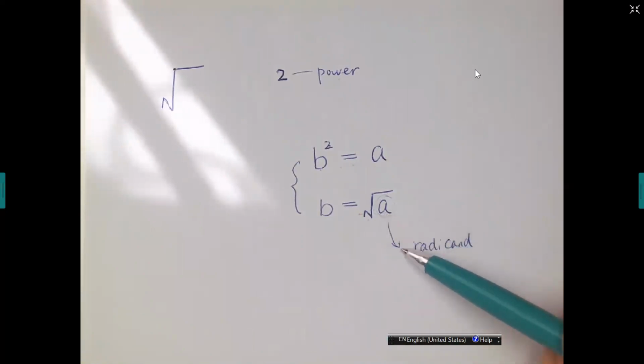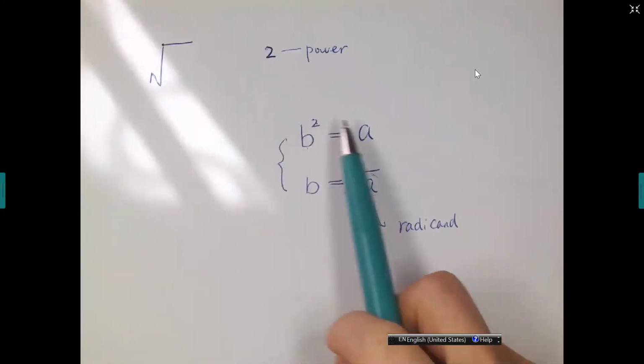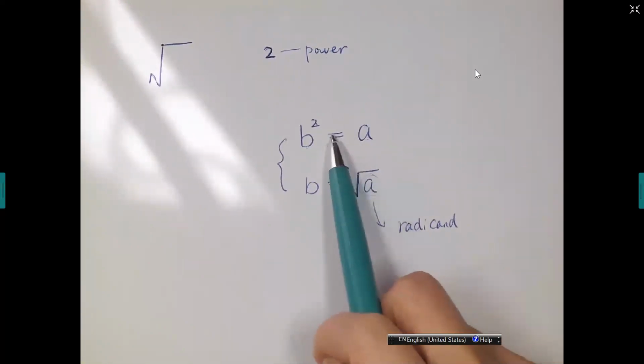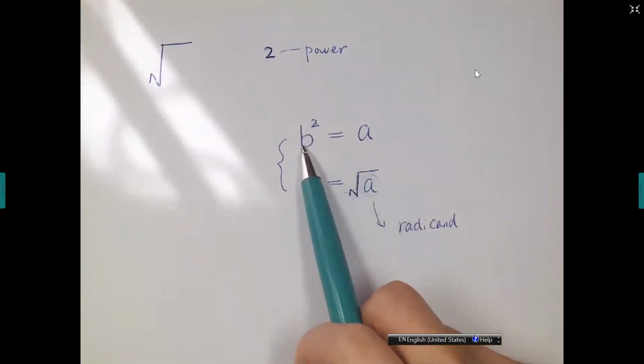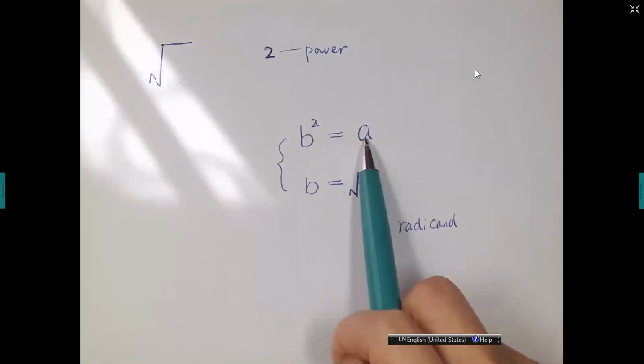For any radical expression, when a equals the square of another number, this number a can never be negative. We're talking about real numbers. We are not talking about imaginary or complex numbers, which are beyond our algebra level here.